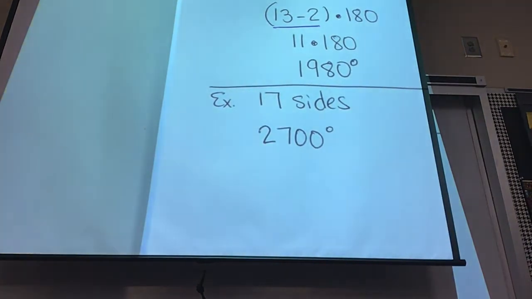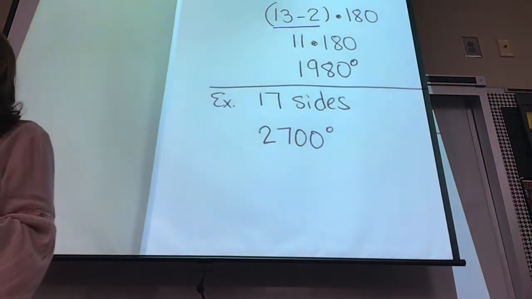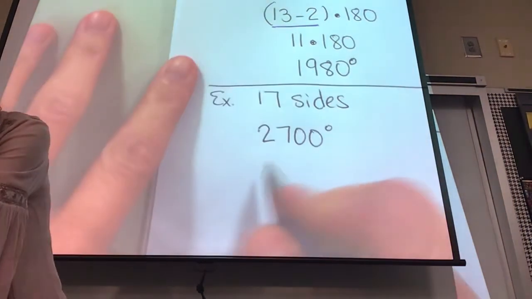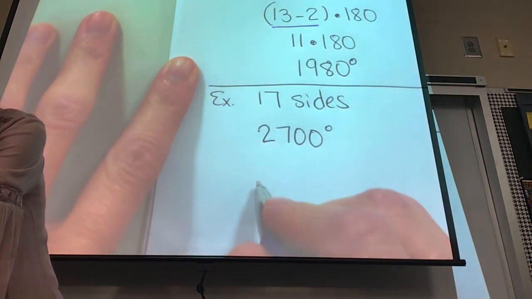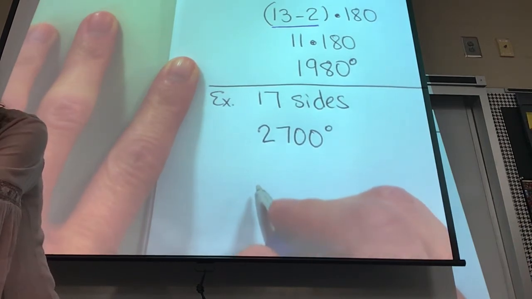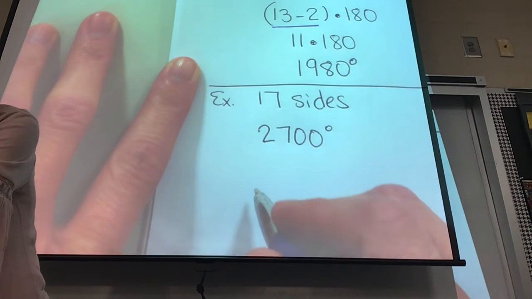I put the 17 in parentheses and I put minus 2. And then I put times 180. And then I just put what I had on the paper in the calculator and I got that. So you type the whole thing into your calculator? Yeah. All that. Now, as long as you use parentheses, yes, it will do that.